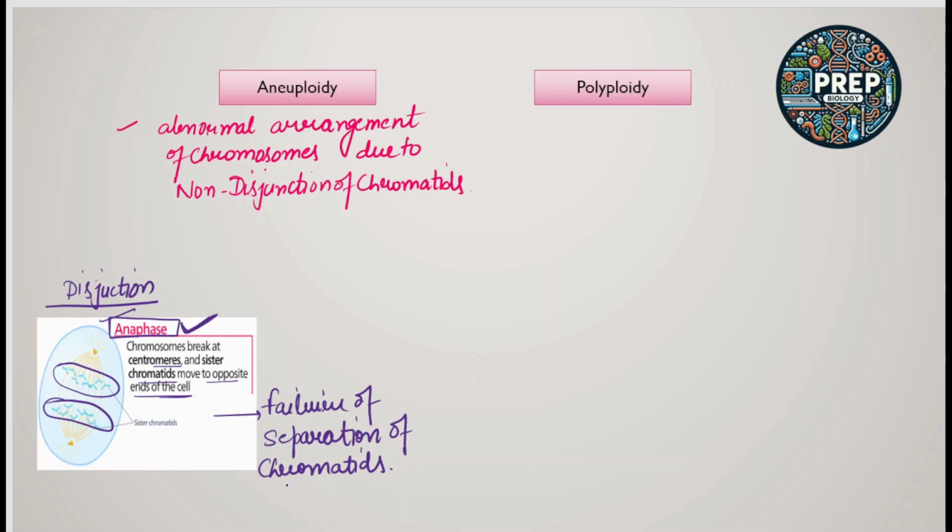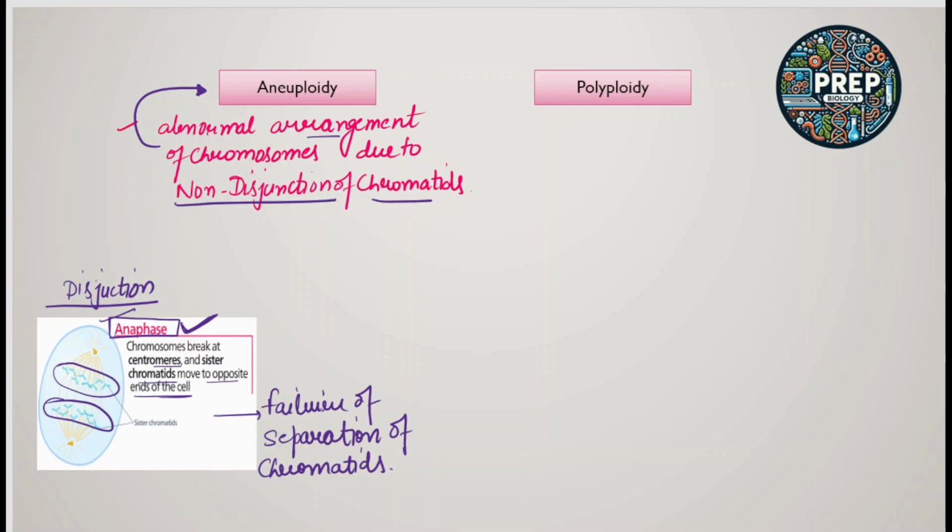When these chromatids fail to separate at the anaphase, this condition is called the non-disjunction of the chromatids. By the non-disjunction of chromatids, when they are not able to separate in cell division, the abnormal arrangement of chromosomes takes place, and that condition is called the aneuploidy. I hope this is clear to you all.